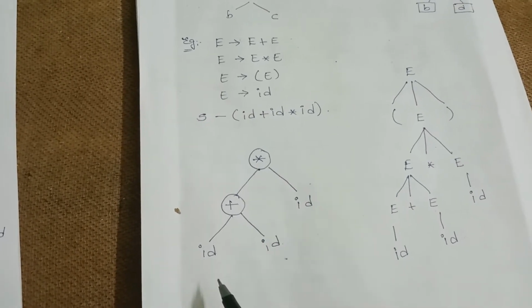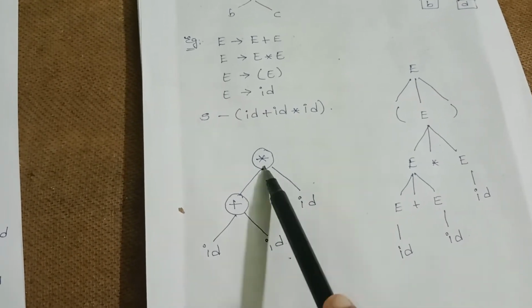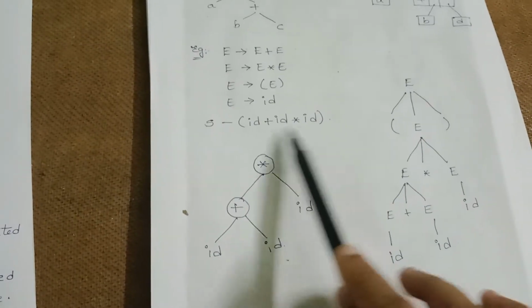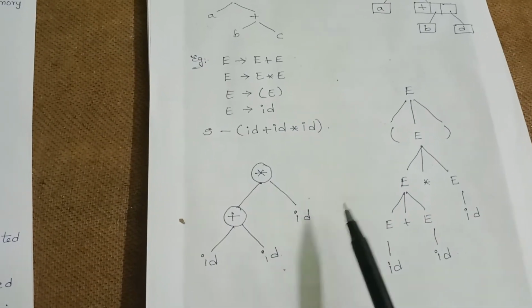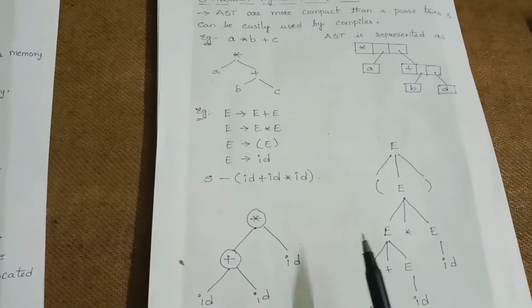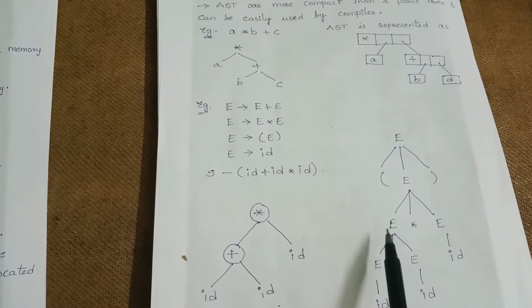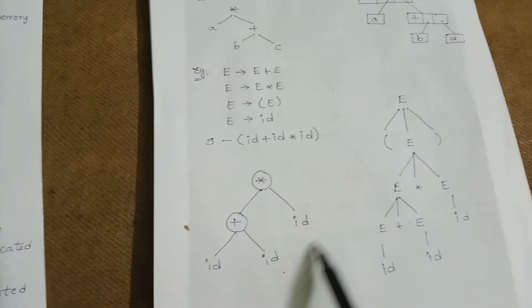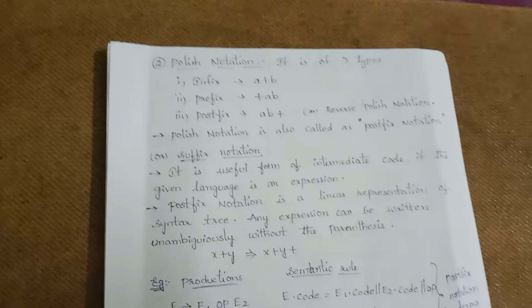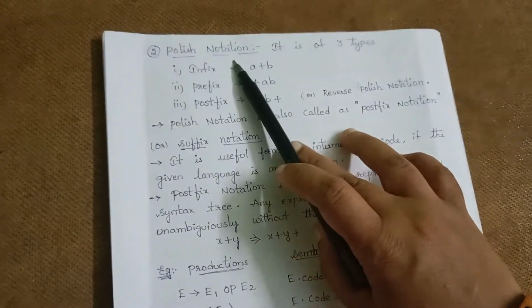So our string is id plus id star id. So this is the construction of the abstract syntax tree. Abstract syntax tree is the representation of the syntax of a programming language as a hierarchical tree-like structure.